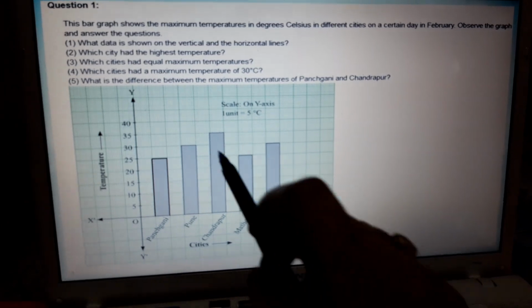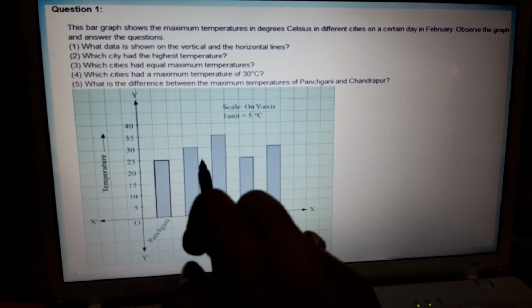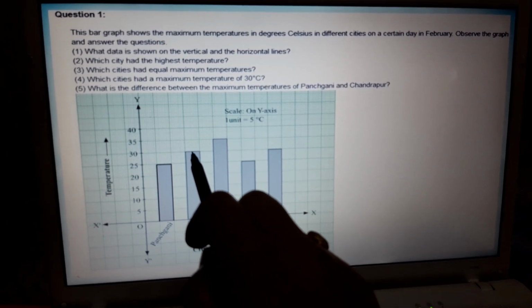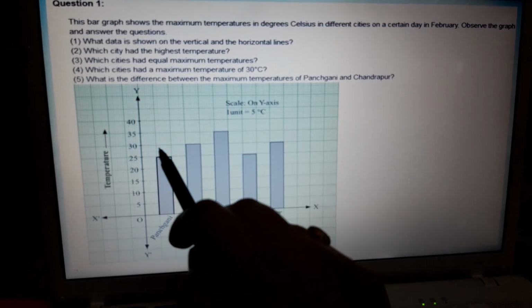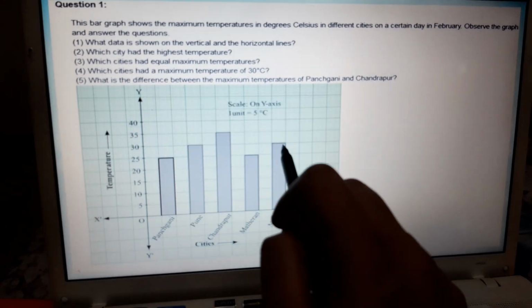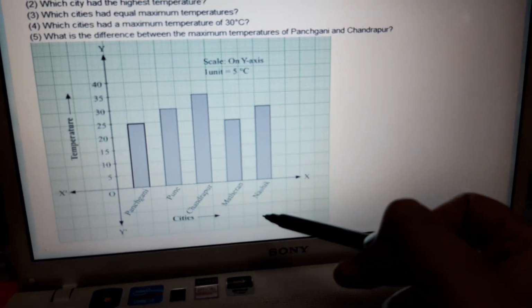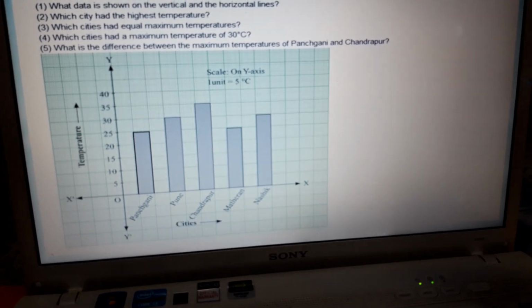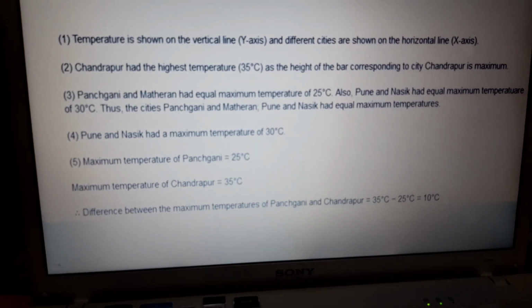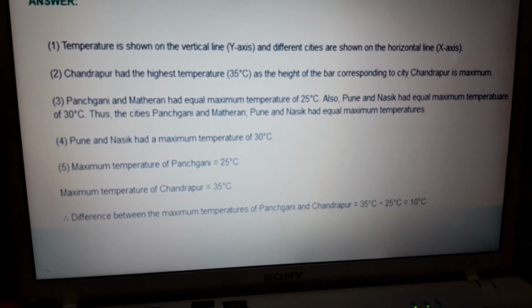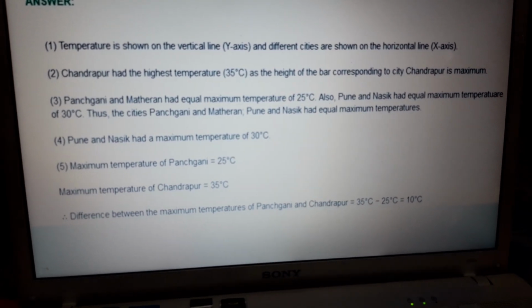Equal maximum temperatures. Maximum temperatures means the highest temperature in the city. Now you can see this city is having 30 temperature, maximum 30 temperature, and this city is also having the maximum 30 temperature. So Pune and Nashik, these are the two cities which have the same maximum temperature.